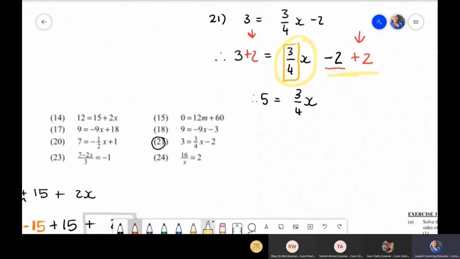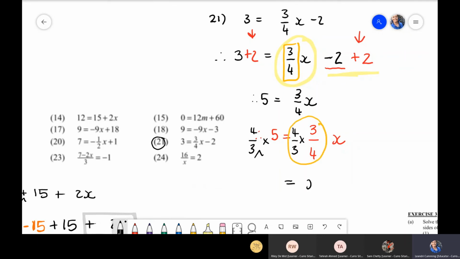And now I'm simply looking at the inverse operation. Therefore, 5 is equal to, what is the opposite of 3 divided by 4? The opposite would be to times by 4 over 3, which I then also do here. Times by 4 over 3. And if you can't cross cancel, it's fine. Now I want to focus on that.